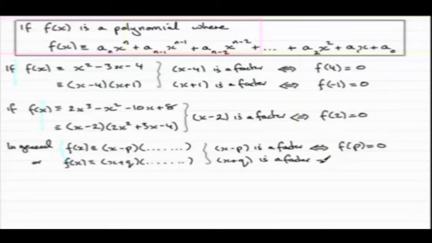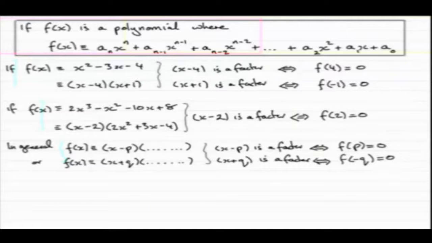So it follows again that f of minus q must be equal to 0. And if f of minus q equals 0, it follows that x plus q is a linear factor. And it's this idea that is basically the factor theorem.